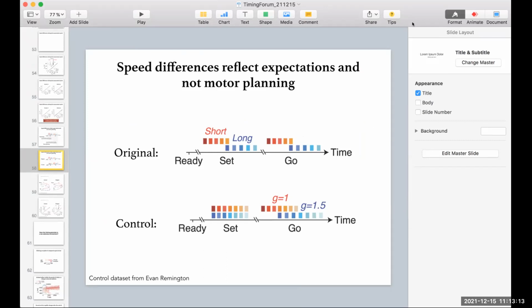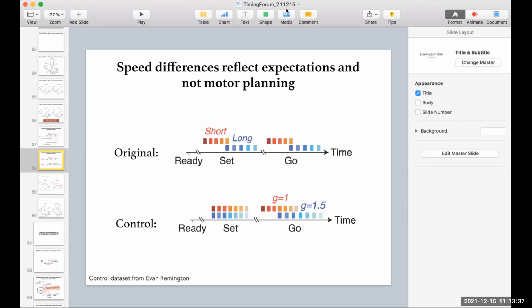And so the fact that we find in the adaptation experiment that the neural activity adjusts more rapidly than the movement itself seems to really indicate that there is some dissociation between the two processes, between the motor planning and the temporal expectations.